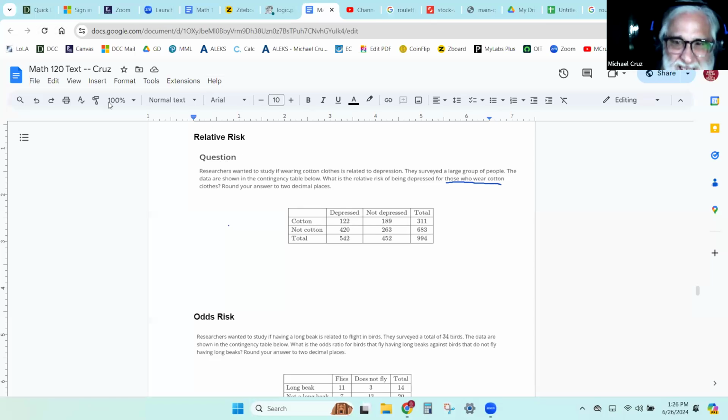Now, for relative risk, we're comparing probabilities. Relative risk is taking the proportion of two probabilities. And we'll see down here, this one is odds. Because remember, probability and odds are slightly different. In a sense, it's always the same numerator, and then the denominator changes if you think of them as both fractions.